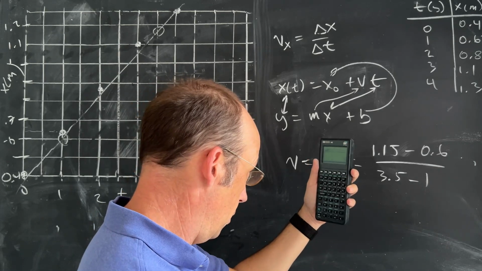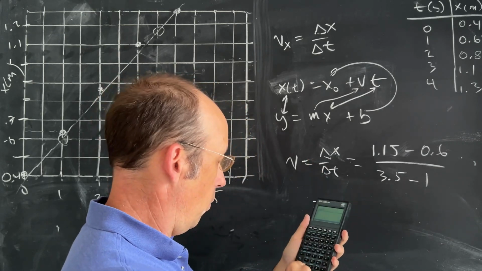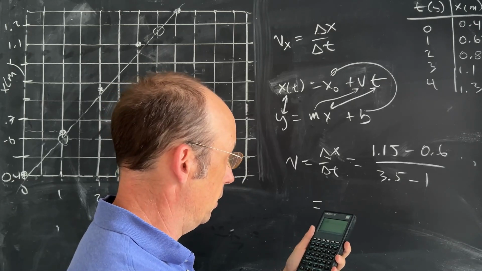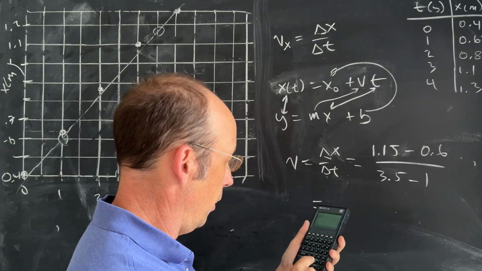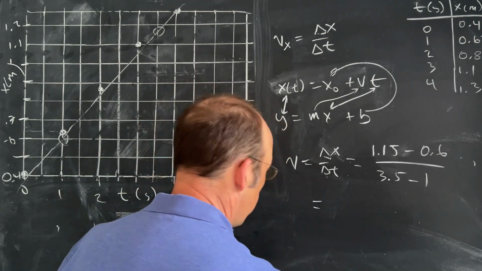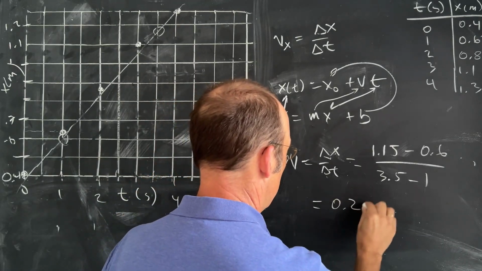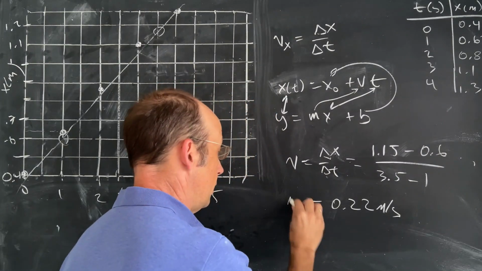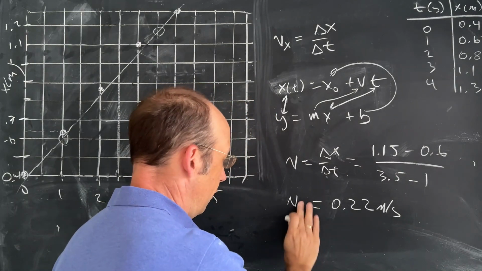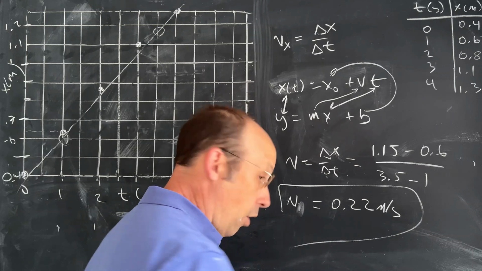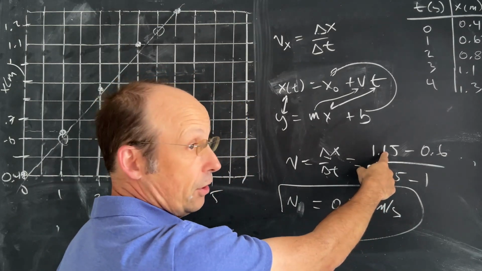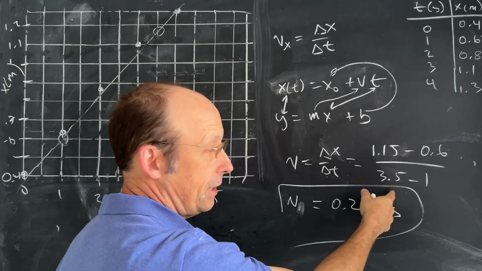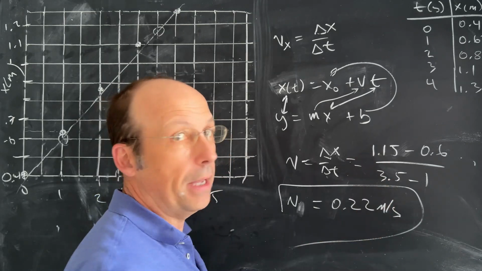And I get 0.22 as my velocity. Let's just call it that. So notice that since my x has units of meters, my time has units of seconds, this divided by that will be meters per second.